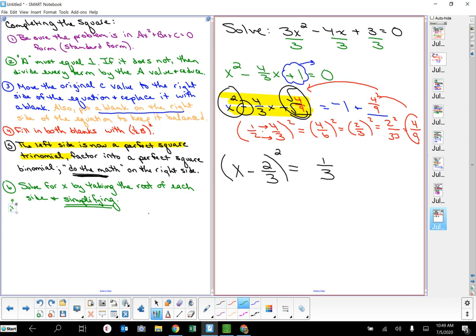All right. Now some knowledge of your roots and rationalizing denominators is going to have to come into play. Step 6, green. Solve for x by taking the root of each side. The root cancels the square, and the root of that. So I have x minus 2/3 equals plus and minus 1 over rad 3, right? This is the root of 1 over the root of 3. You can't simplify the root of 3, you do need to rationalize.